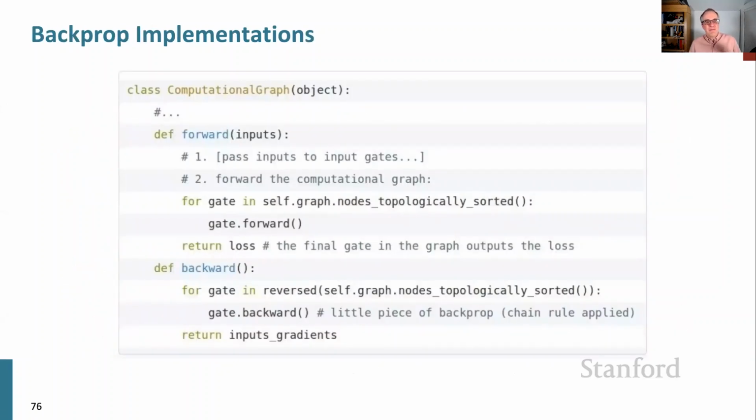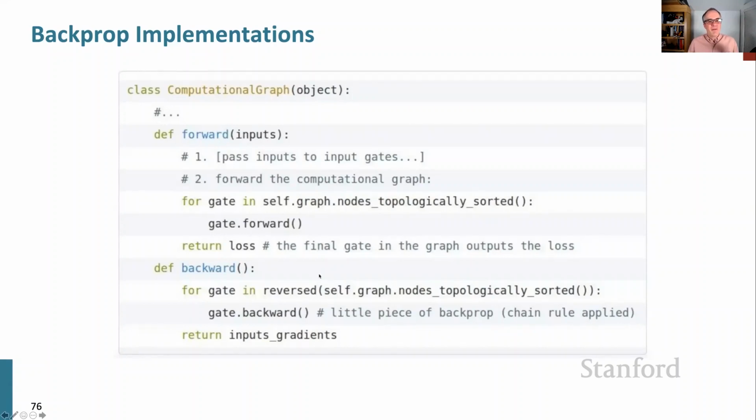And so what that means is for a whole neural network, you have a computation graph, and it's going to have a forward pass and a backward pass. For the forward pass, you're topologically sorting the nodes based on their dependencies in the computation graph. And then for each node, you're running the forward computation on that node.